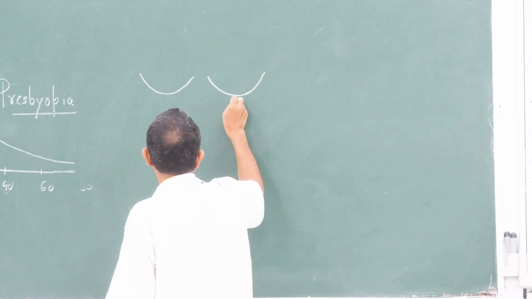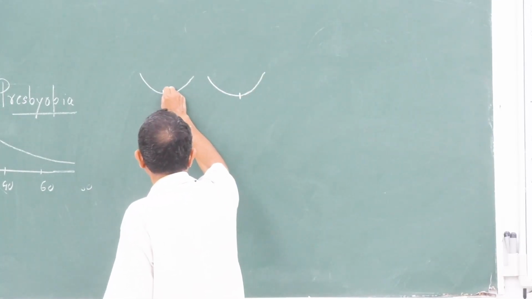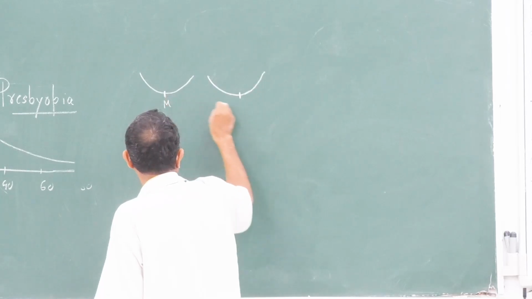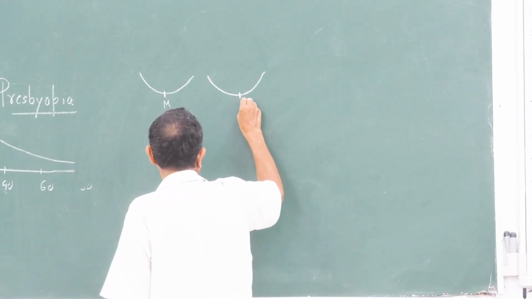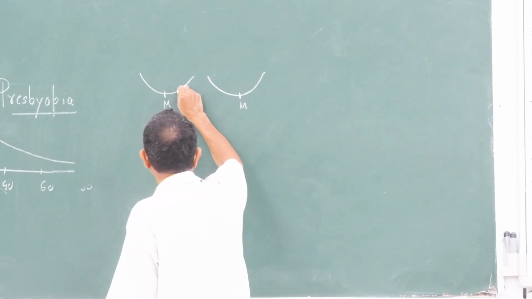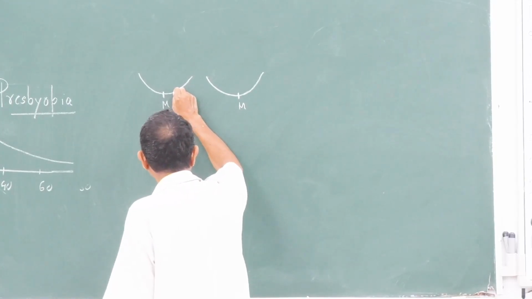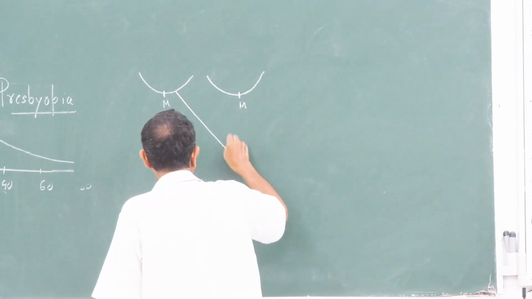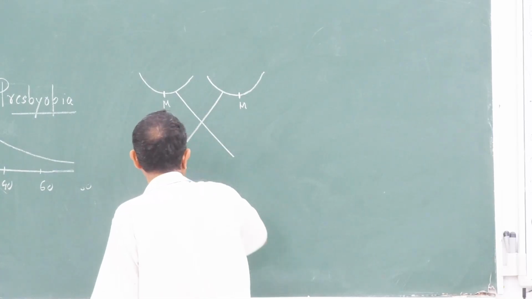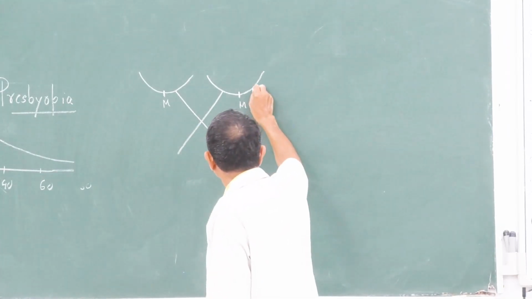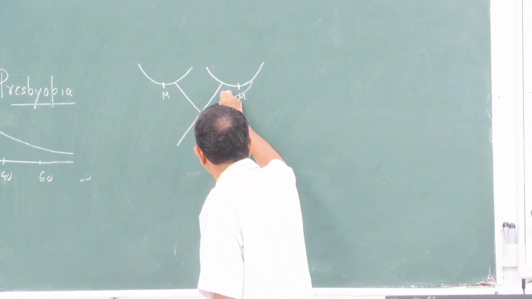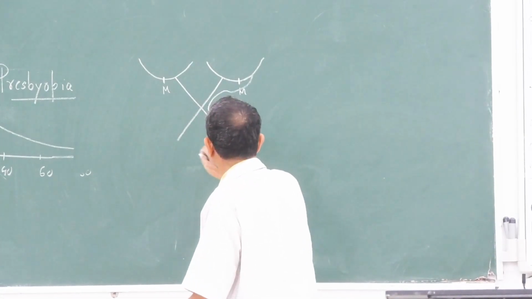Suppose you consider the retina, it is the fovea or macula, whatever it may be. The nerve fibers coming from the nasal part are crossing. But from this other part, they are not crossing.